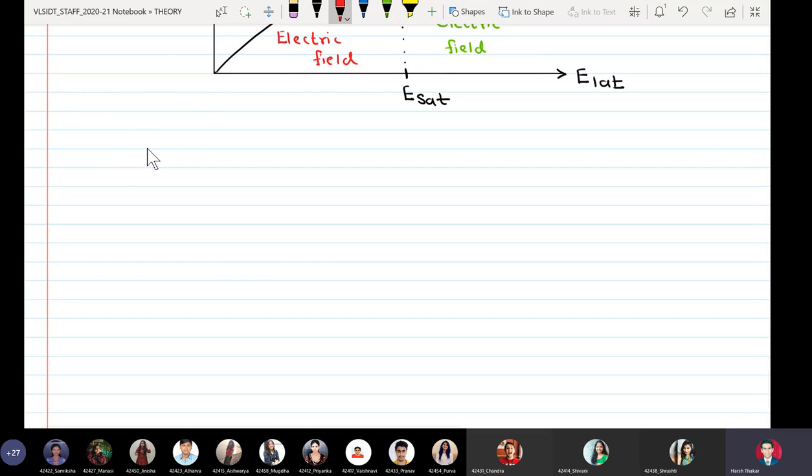So there are some facts which have been given by semiconductor manufacturers, which are as follows.